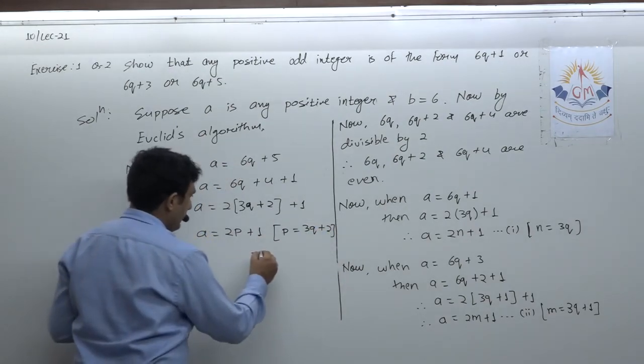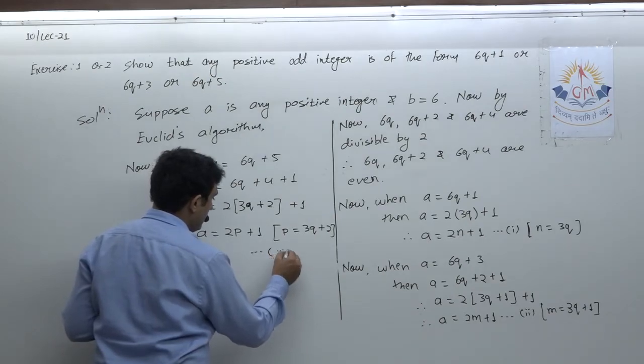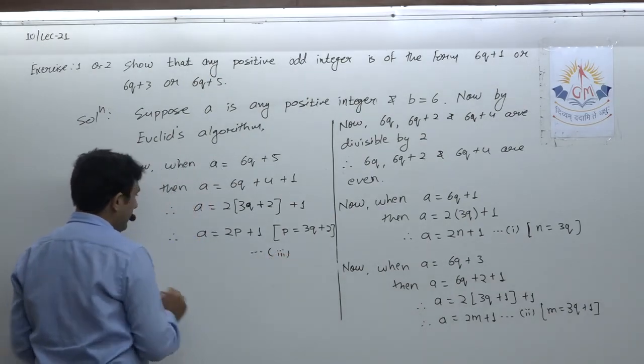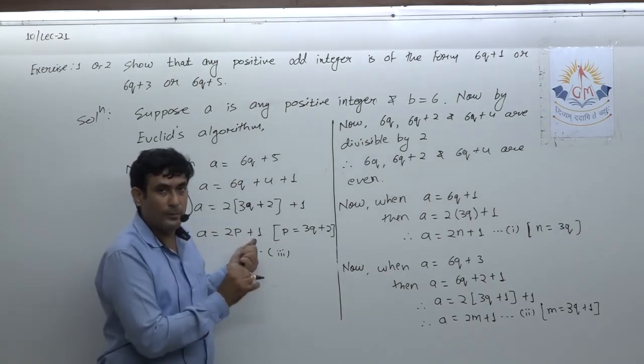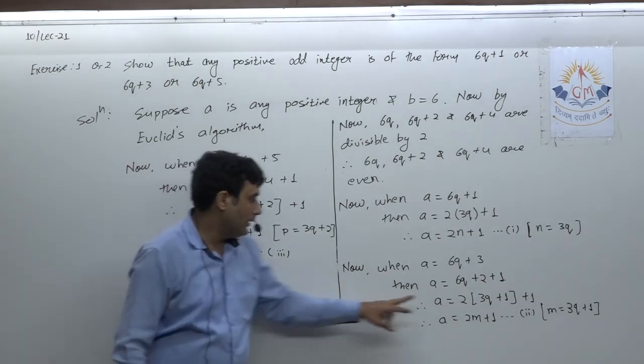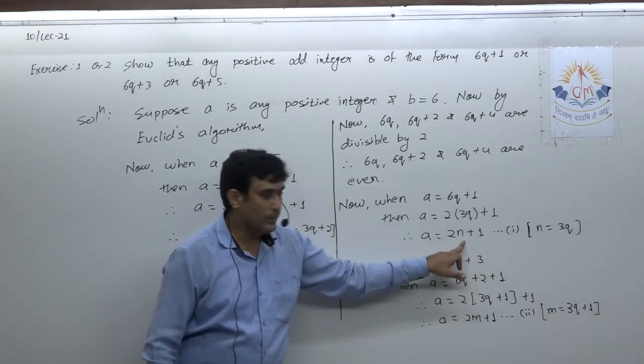Okay, so let it be equation number 3. See, this represents the odd number. Whenever we have 2 into something plus 1, that always represents odd. This also represents odd. This also represents odd.